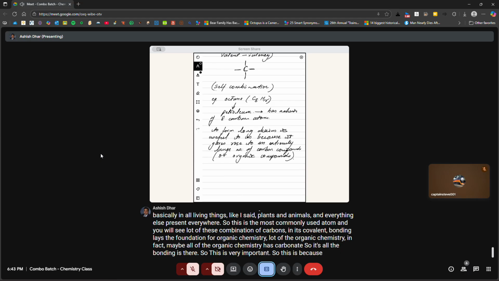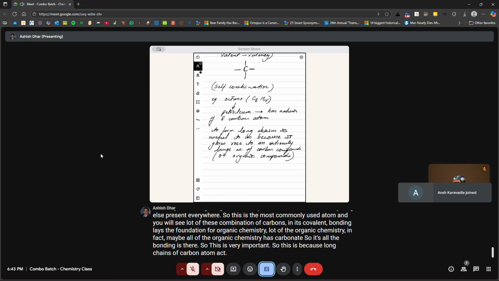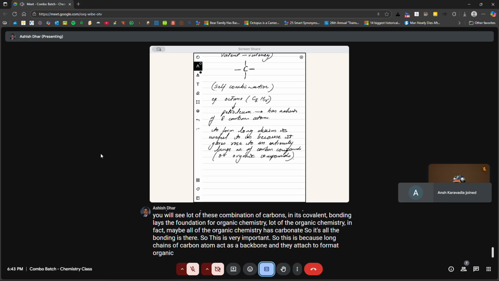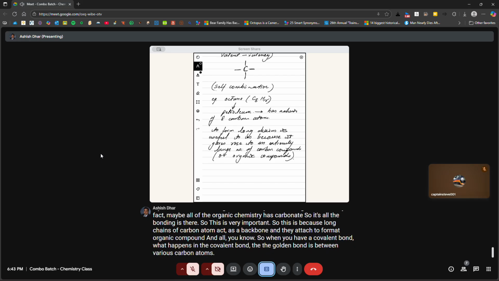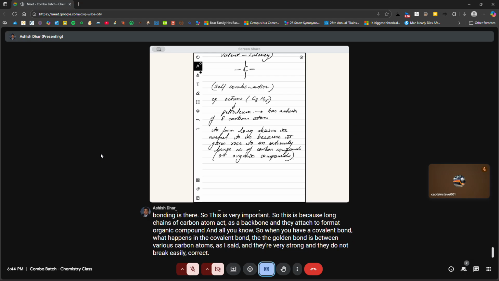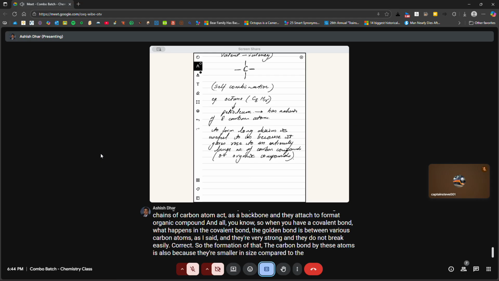Long chains of carbon atoms act as a backbone and they attach to form an organic compound. And so when you have a covalent bond, what happens in the covalent bond? The covalent bond is between various carbon atoms, and they're very strong and do not break easily, correct? The formation of the carbon bond by these atoms is also because they are smaller in size compared to the rest of them.